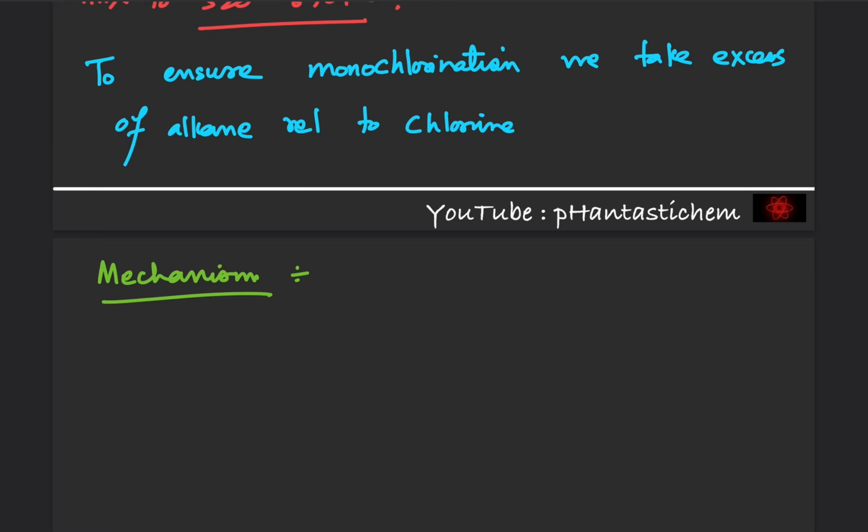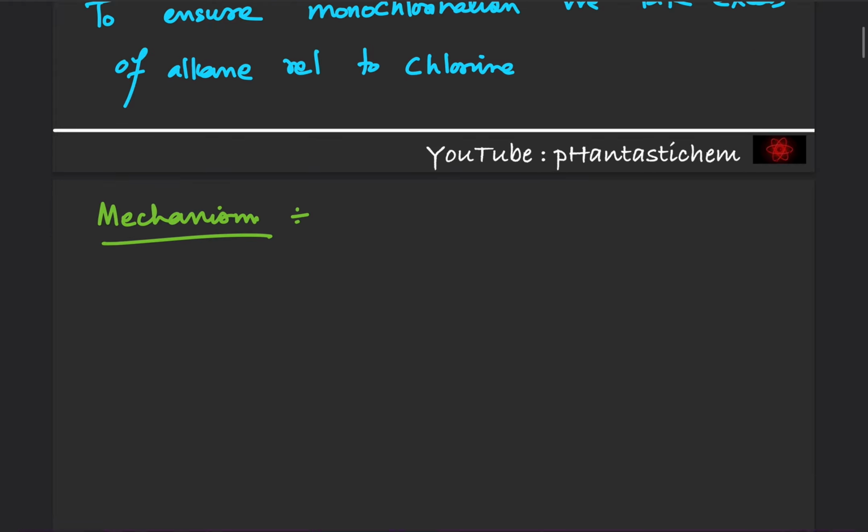Okay, then let's look at the mechanism of this process. Let's illustrate the mechanism by considering the chlorination of n-butane, because the question is talking about n-butane. In the mechanism, the first step is chain initiation, obviously.